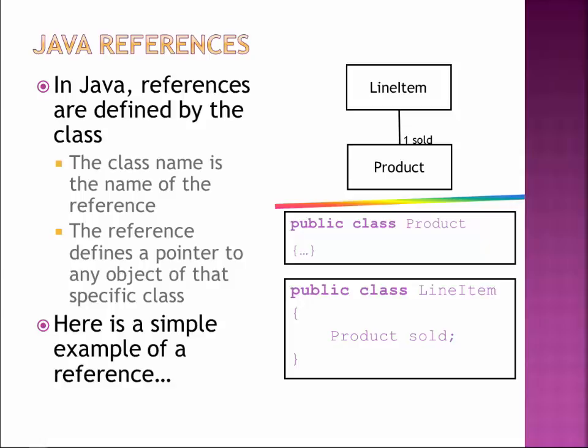And so when I go buy 5 cans of tuna, the product I'm buying is tuna. And that's the product that was sold. And then there's, on the line item separately, there's a place to store the number that was purchased, which is 5. But here we can see that the name Product shows up as the other class that I'm keeping track of, and then I name the variable whatever I want to, which is my relationship to that product, which is the item that's being sold.